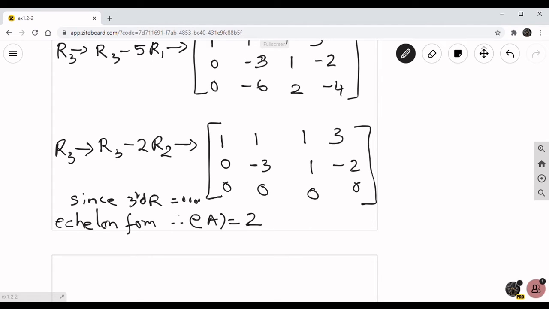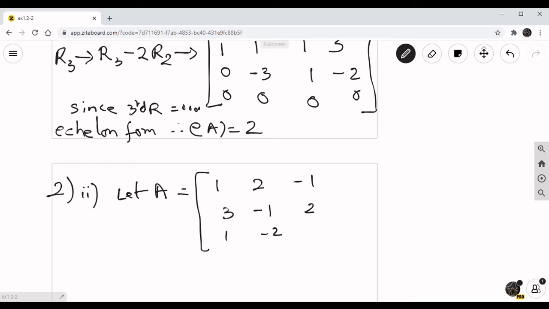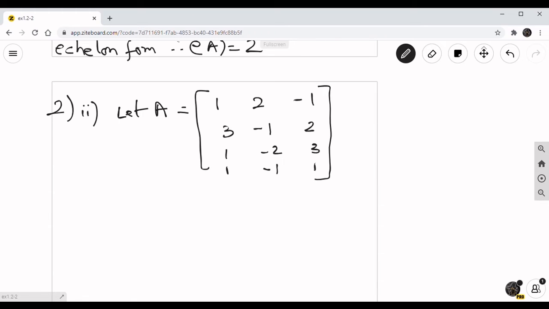We move on to the second sum of the second. Let A be equal to the matrix; it is 4 rows and 3 columns. So row 2 can be adjusted.